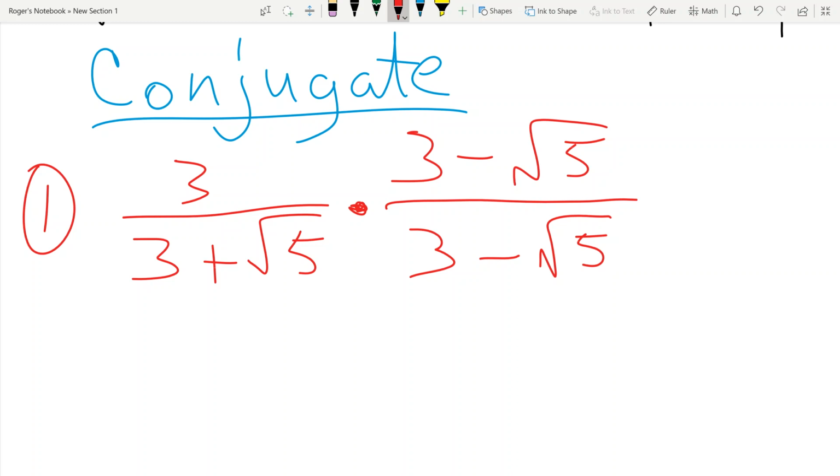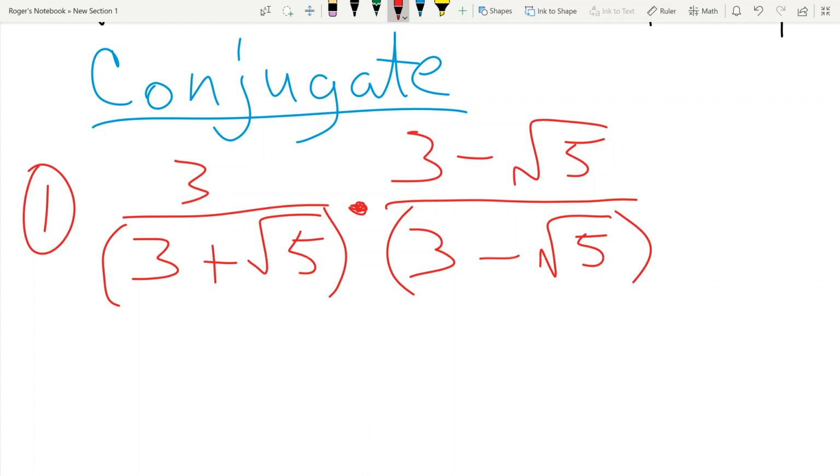Why this choice for our number 1? Well, the reason is that the denominator has a special form. And the sharpest of our students could recognize the form: 3 plus the square root of 5 times 3 minus the square root of 5. What is that the difference of?